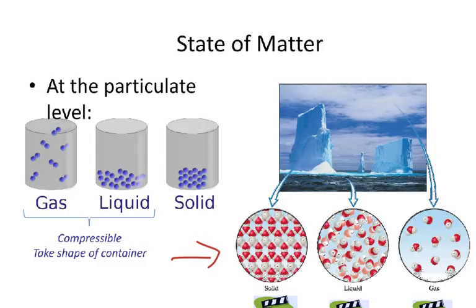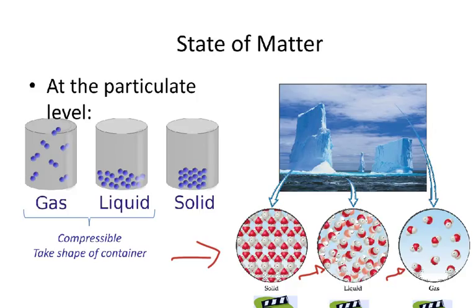They are closely packed. In the liquid state, the molecules are spread farther apart. And in the gas state, they're spread the farthest apart. So we expect that when we show you these different depictions of matter, you'll know what state it's in. So use this as a frame of reference.